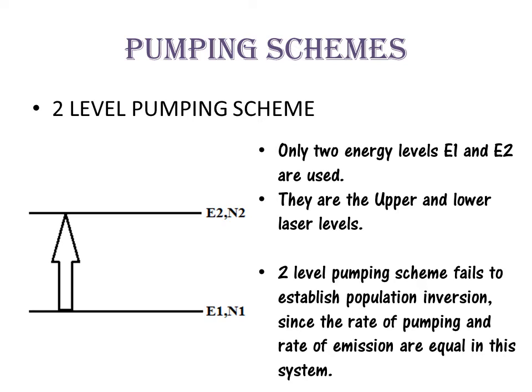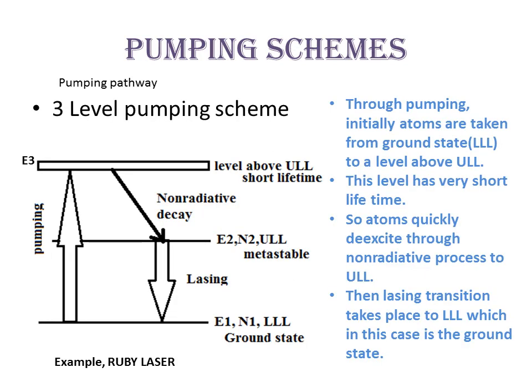So that's why I told you it's not possible to create population inversion by making use of just two levels. But this is just a starting case. If at all it is possible to have such a system, then that will be the simplest system, and therefore this is shown, but it is theoretically not possible. Okay. So next, the minimum number of levels required in order to create population inversion is 3.